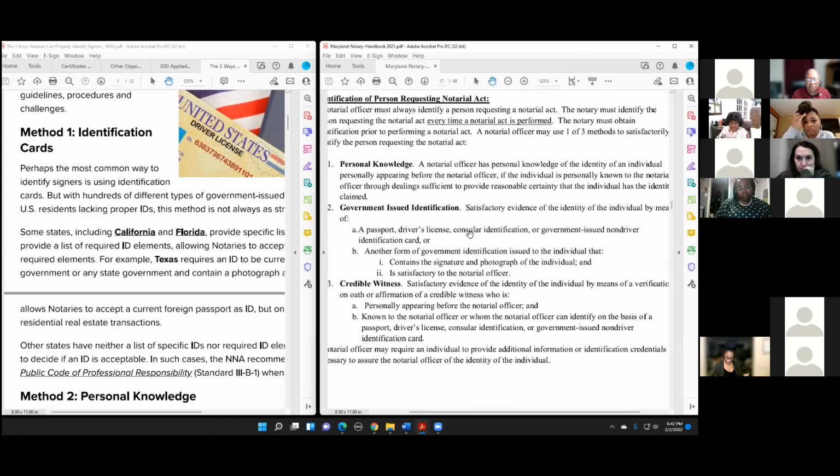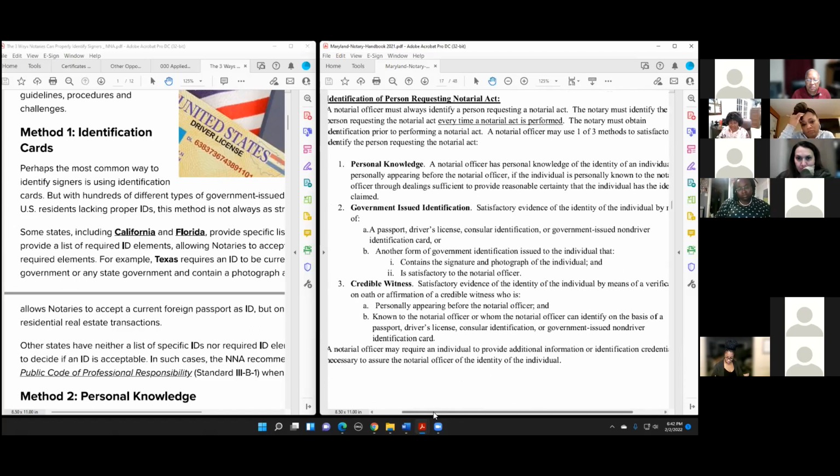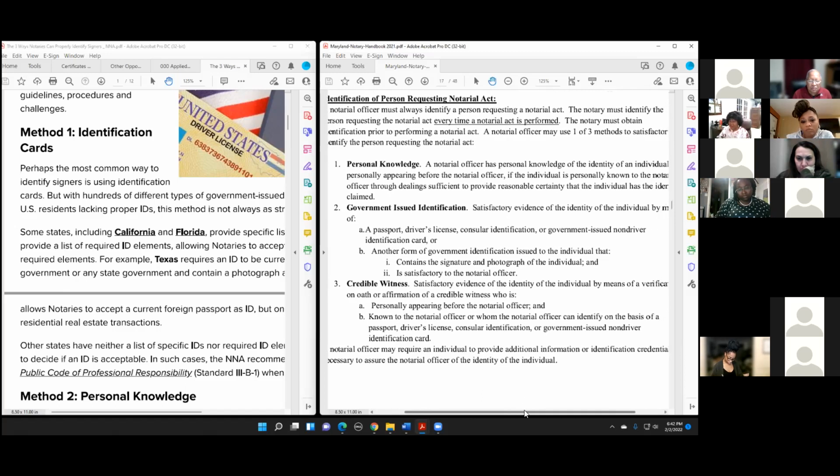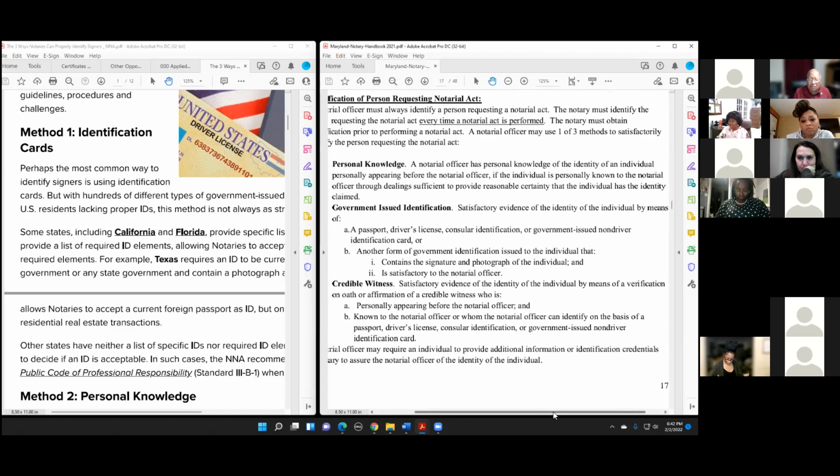This last part here is saying a notarial officer may require an individual to provide additional information. So if you were faced with an expired driver's license, you would want to ask for additional identification also.